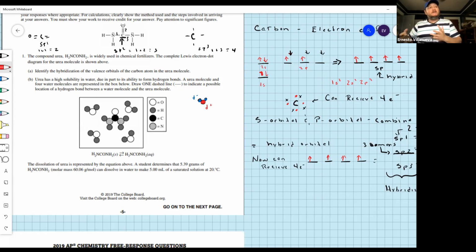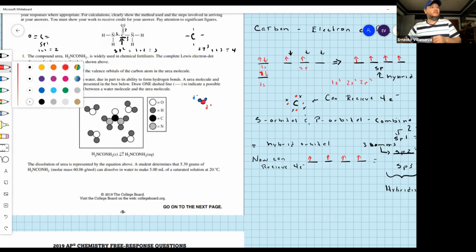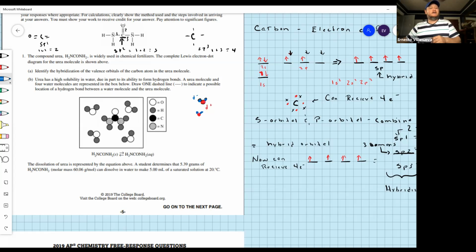Because this molecule forms that dipole moment, when you're looking at water molecules interacting with other molecules, you form a weak attraction called a hydrogen bond. The positive side of the water molecule becomes attracted to the negative side of the other water molecule, and that's what keeps water in liquid form, right?